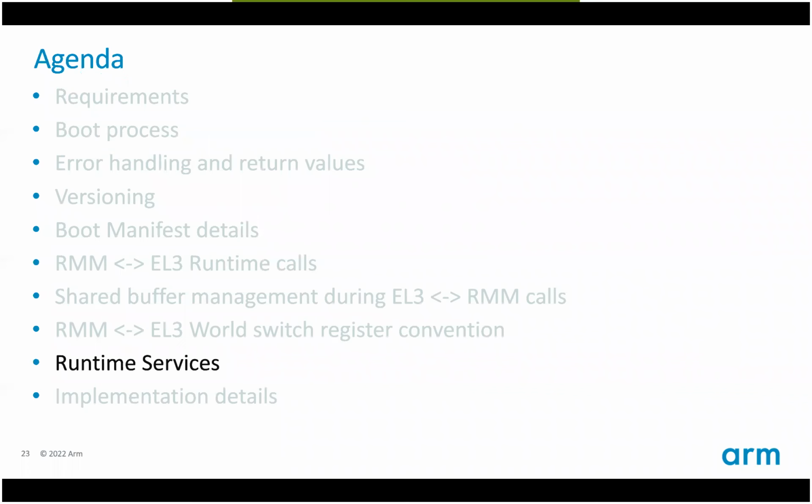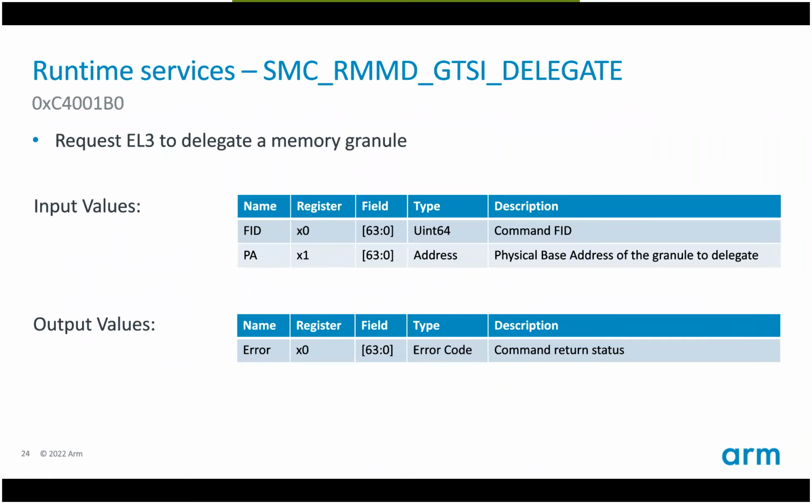So the next is the runtime services, but this I actually added here as informative. I'm not going to go through this. On the patches that we are reviewing on TFA, this is documented more thoroughly. So this is just to mention that so far there are 4 runtime services.